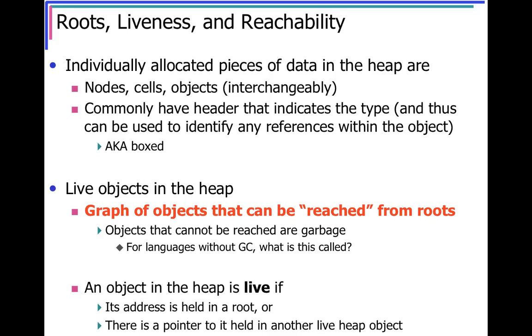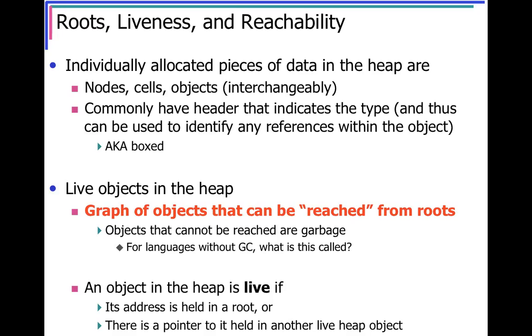This is data that is allocated in the heap. These objects commonly have headers that we discussed and defined in our earlier lectures from this class. This header typically indicates the type of the object that we can use to understand what the size of the object is. Sometimes objects with headers are also called boxed. This means that they have a header and typically they're stored out in the heap.